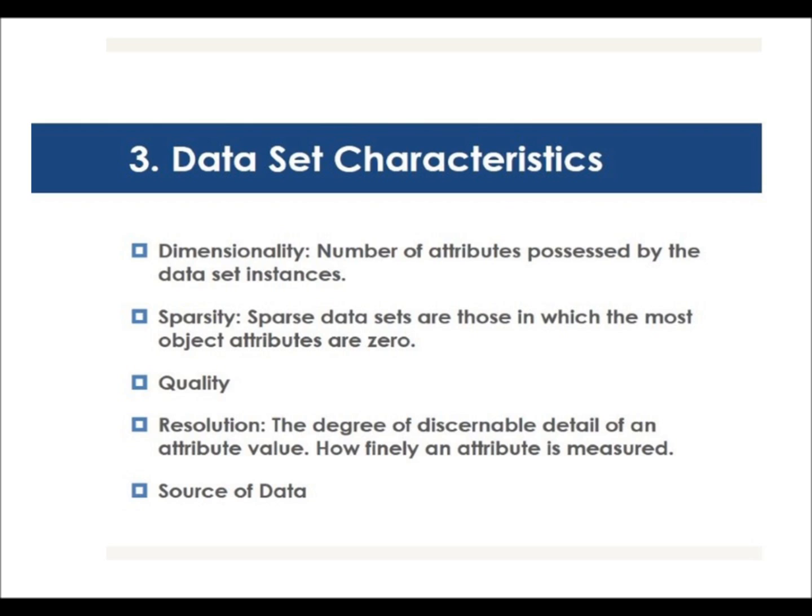The first challenge is dimensionality. If you have too many dimensions, it always narrows down the choices you have. Understand that? The second one is sparsity. Sparsity is like medical data.